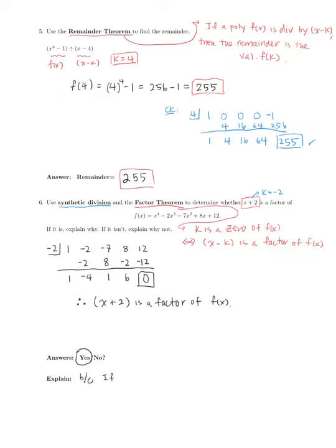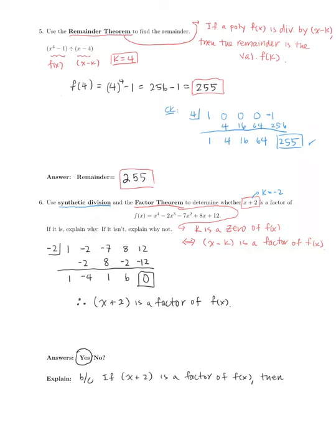Because if x plus 2 is a factor of f of x, then f evaluated at negative 2 must be 0, which is same thing as saying that negative 2 has to be the 0 of f of x.